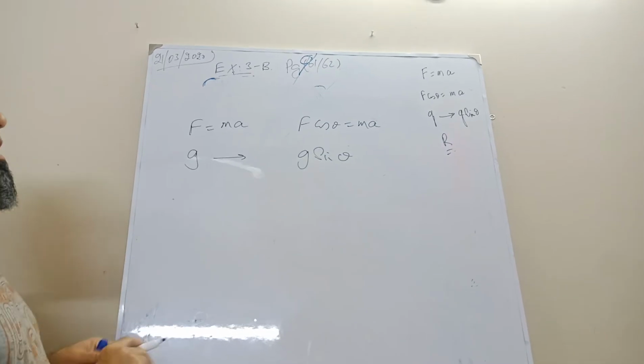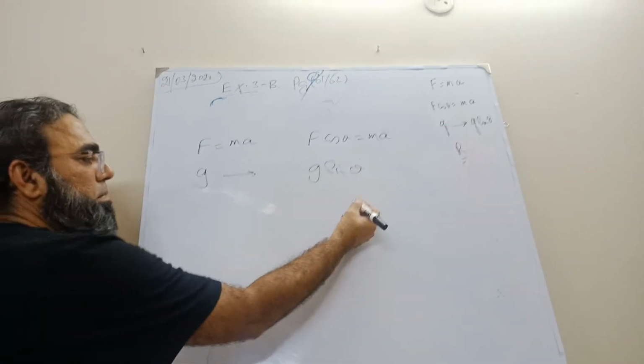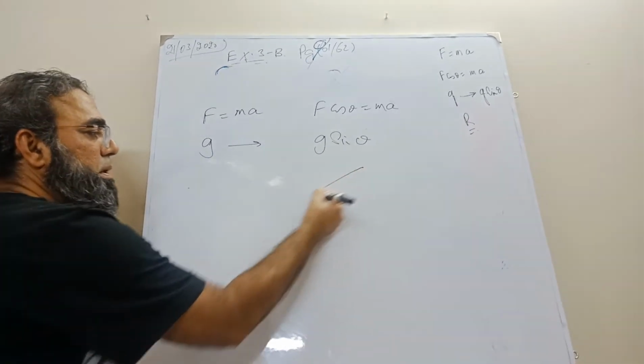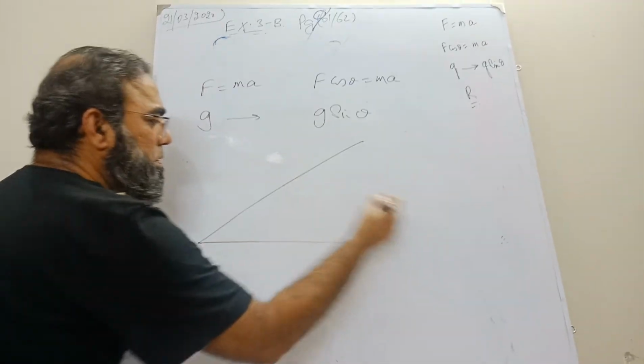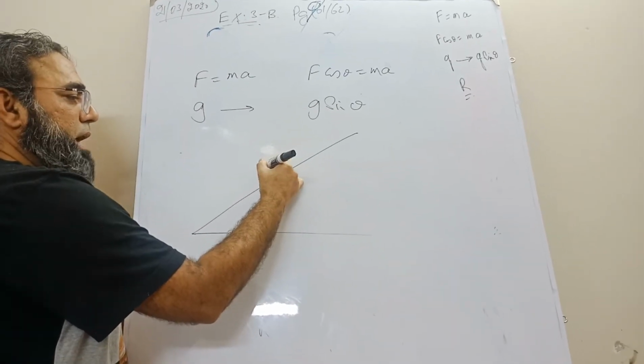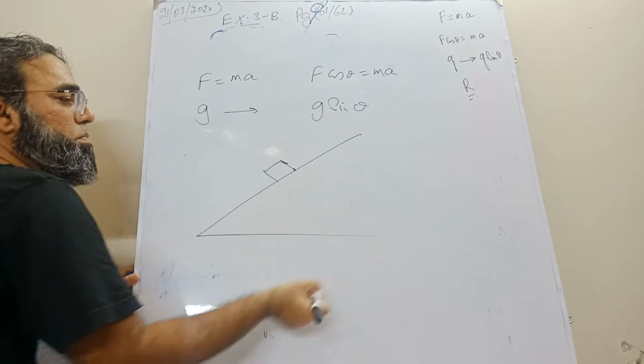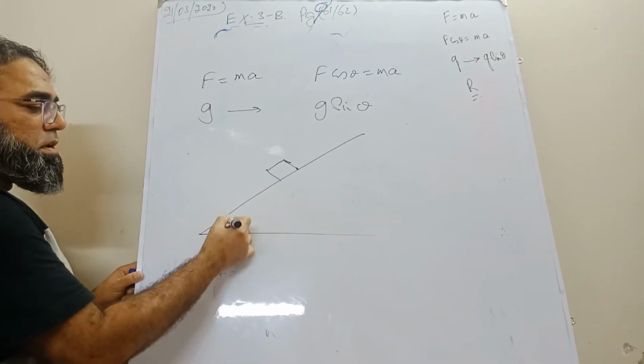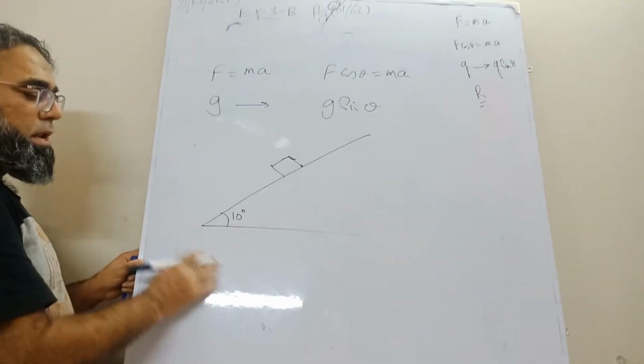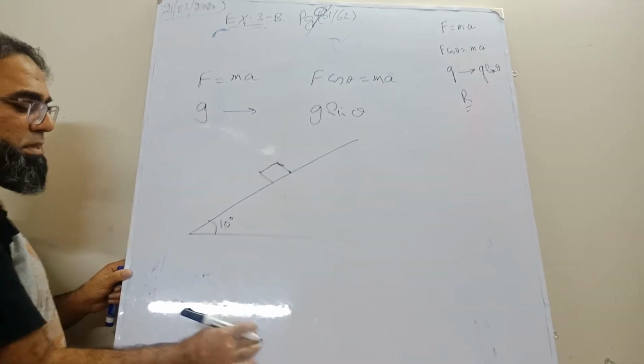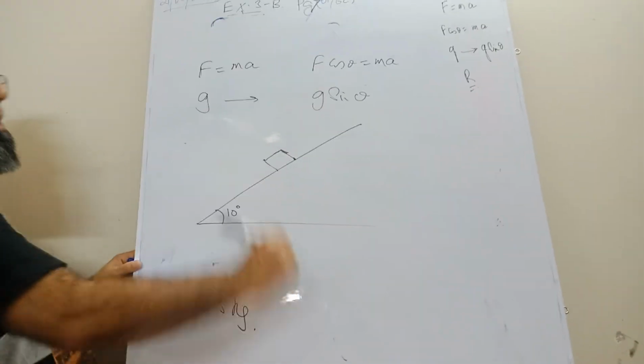Now, a typical diagram that you will be seeing many times in your past papers and in your textbook questions. Now here is an object. Let's say this is inclined at 10 degrees, okay? Now the mass of this object is, let's say, 5 kilograms.